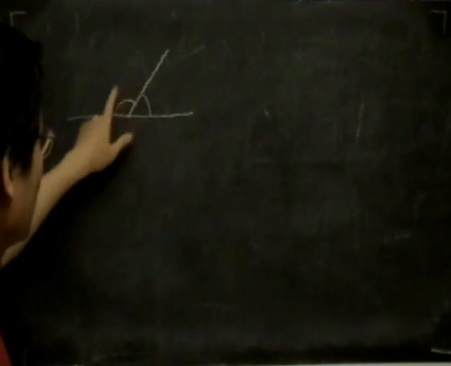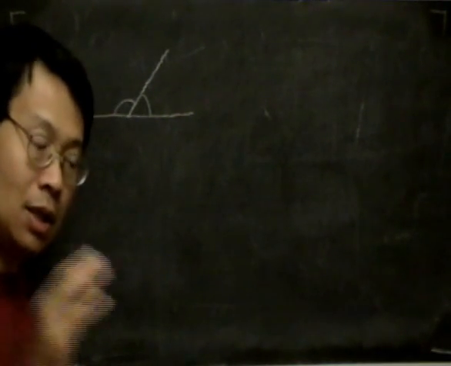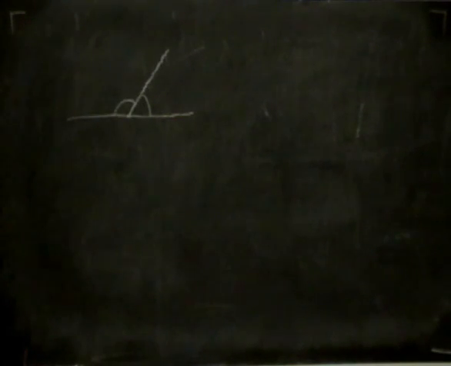Now we know that because we know that the angle on a straight line is 180 degrees, as we have seen in the last session.